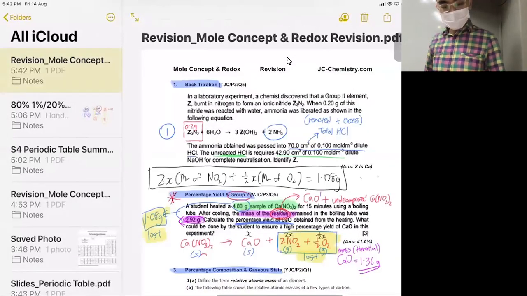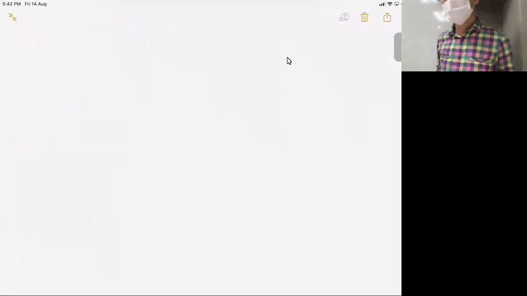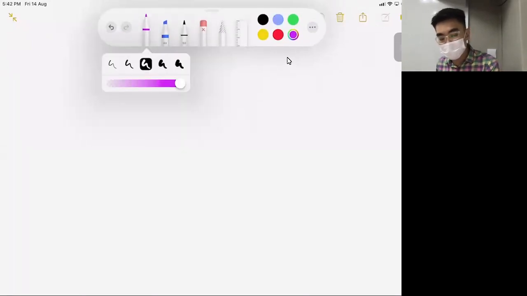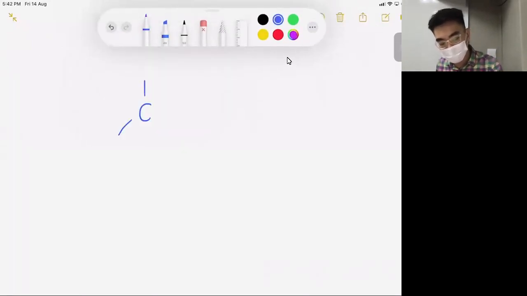Okay, I just interrupt you all a while. I want to use this to bring up a concept that you have learned in organic chem. Remember the concept about optical isomerism? So you have these isomers, two of them here.